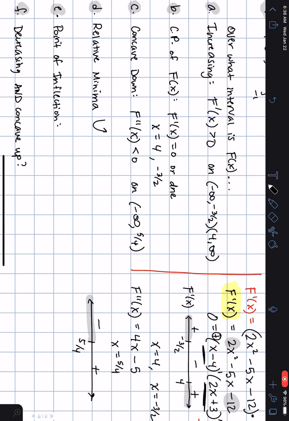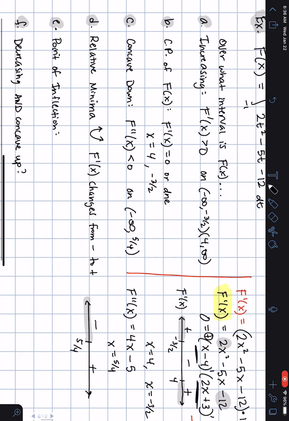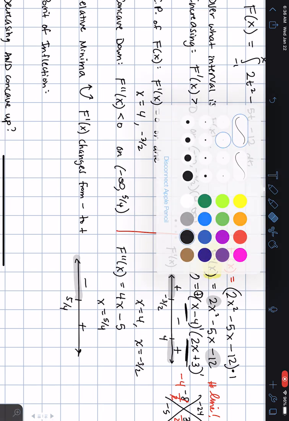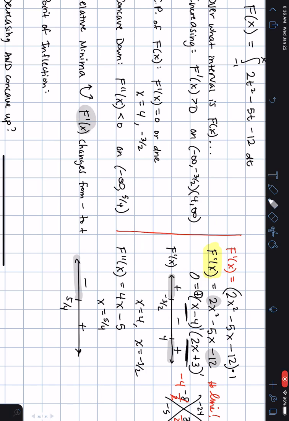So if you said that big F prime, the slopes of the function, meaning we're taking the first derivative, changes from negative to positive, then you'd be right. So let's see where we change from negative to positive on the first derivative. So we're looking right over here. I change from negative to positive at x equals 4.